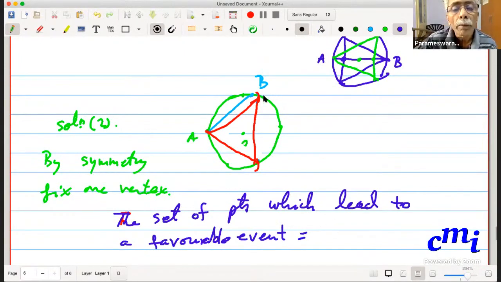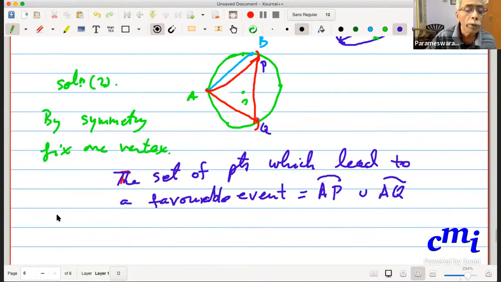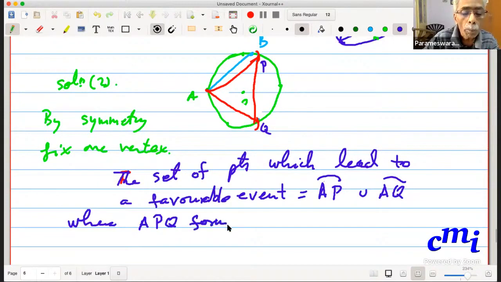Here, let's just call this P and Q. The arc AP union arc AQ, where APQ form an equilateral triangle.